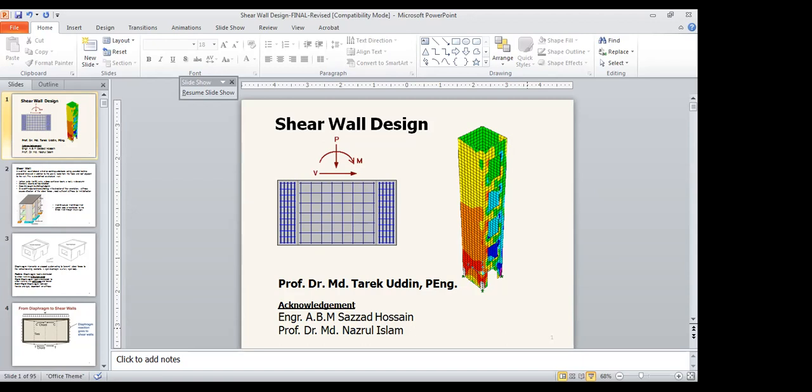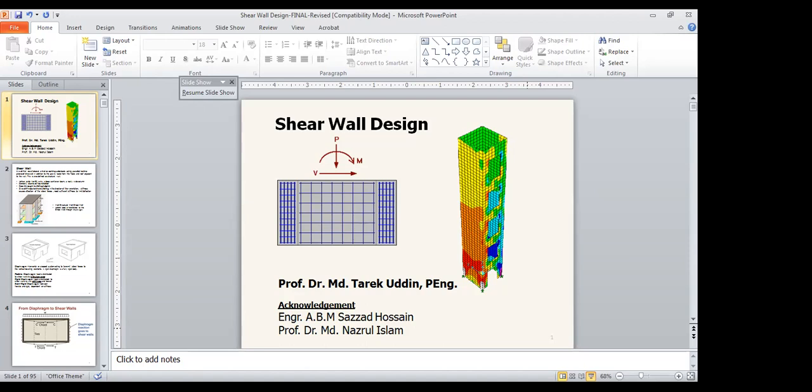This is a vertical plate-like reinforced concrete wall. You can say it is a deep cantilever beam, or a really wide column. These are like definitions of a shear wall, so it is not a very simple definition.